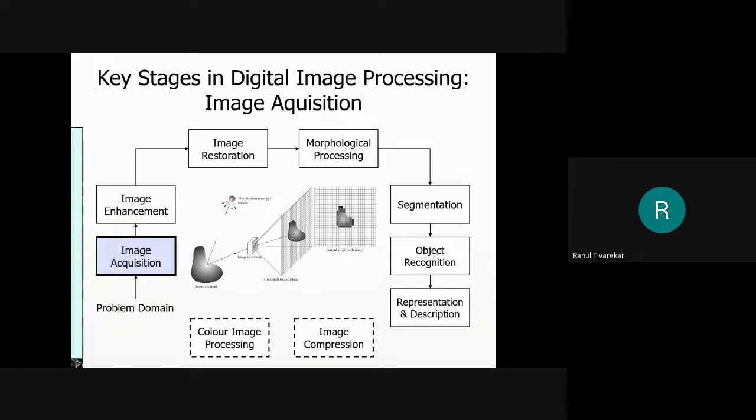From this source, light is generated and it is incident on the scene. Let's consider this is a scene element. On this, light is incident, and the reflected light is incident on the imaging system. Imaging system means basically the image sensor on which the digital images form.